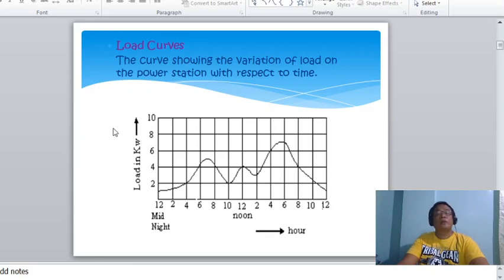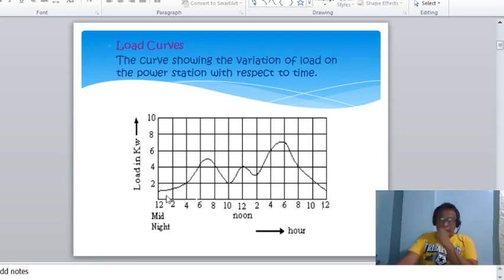At 12 noon, the value is 4 kilowatts, and at 2, it is 2.6. At 6, it is almost 7 kilowatts. And at 12, it is back to the original load at 12 midnight.